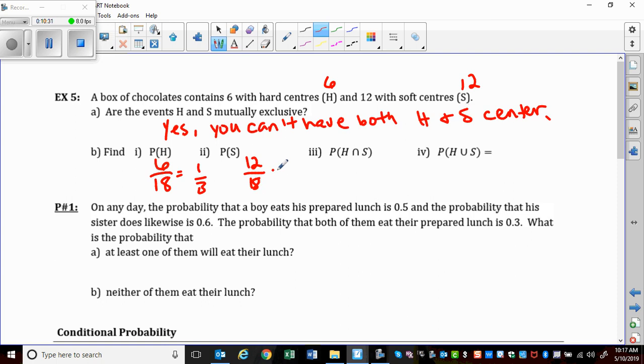I think this simplifies to 2/3. But the intersection of hard and soft, there's no intersection. These are disjoint. You can't have both. The union is 1. 6 plus 12 is 18 over 18, which is 1.